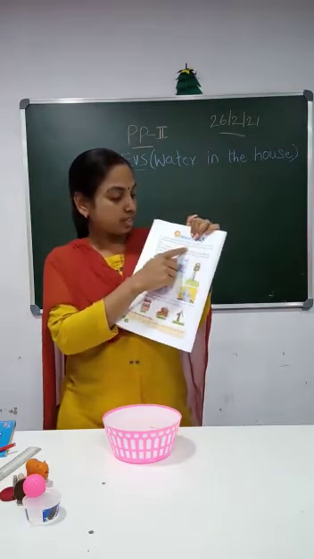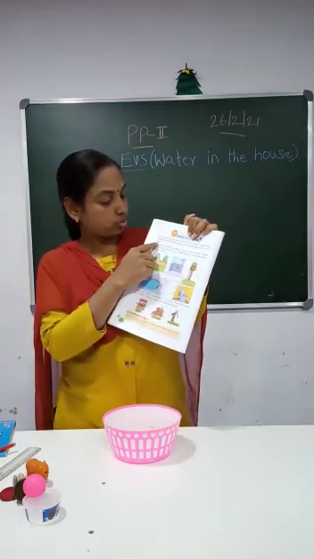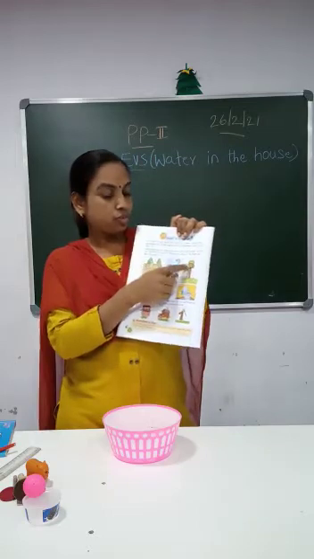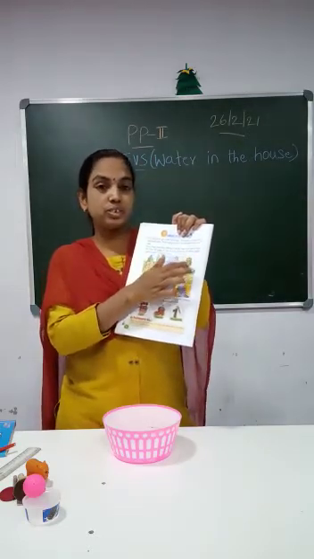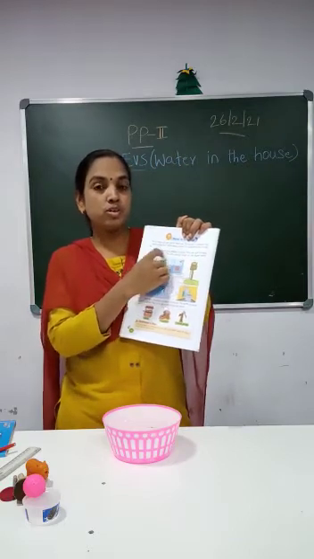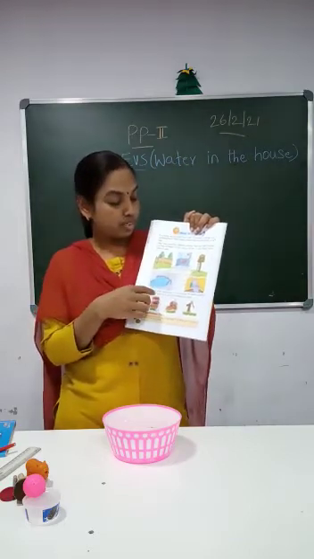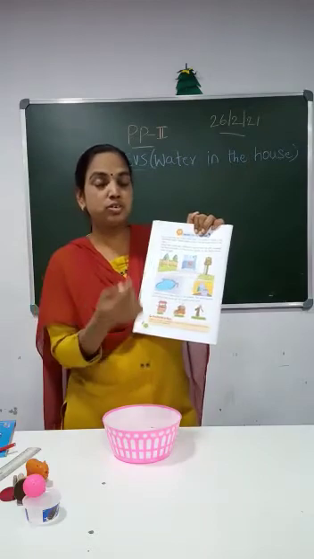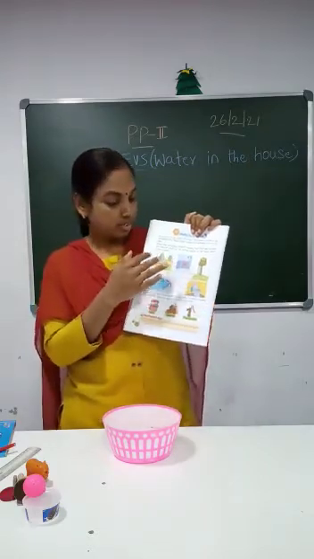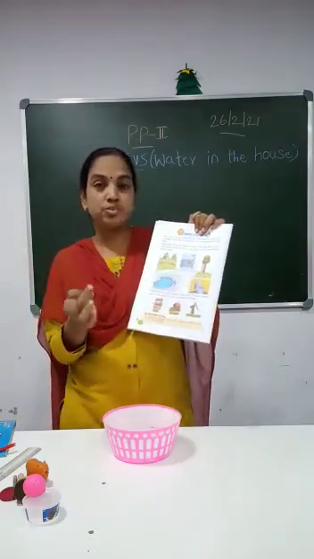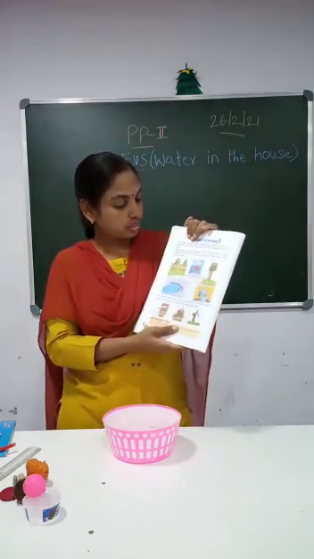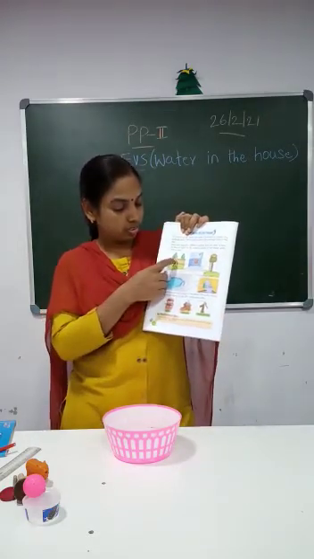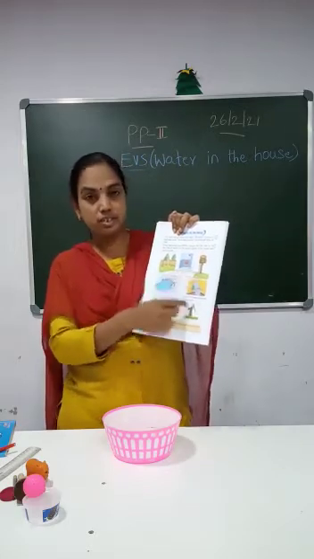The overhead tank, so to the taps. So from this tank we get water to all the parts in our home, that is all the rooms, all the taps, toilet, garden, washroom, swimming pool, all the places. Draw lines using, so this one also we have done in last class.